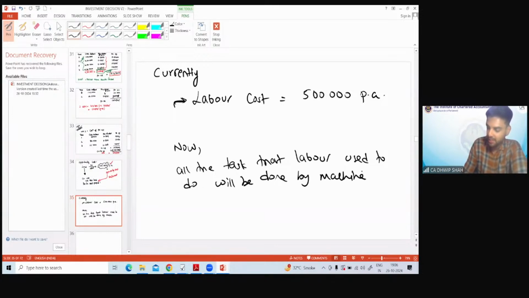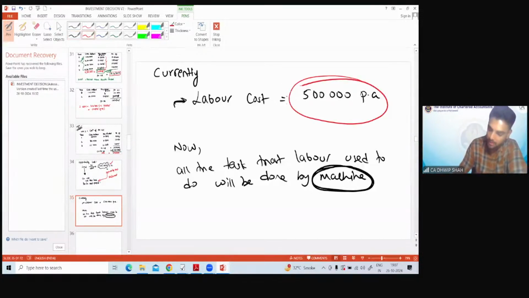So can I say by buying this machine? See, to buy a machine is a project. So by taking this project of buying a machine, can I say I'm saving this cost of 5 lakh per annum? Yes or no? There would be saving in this cost.